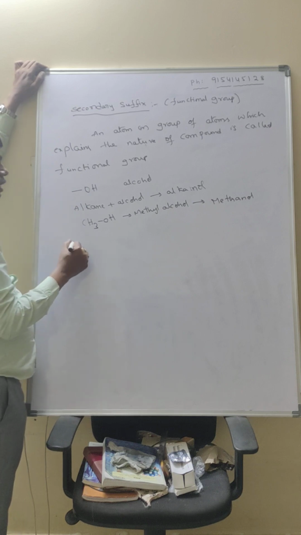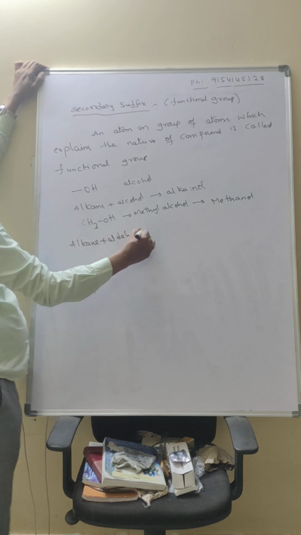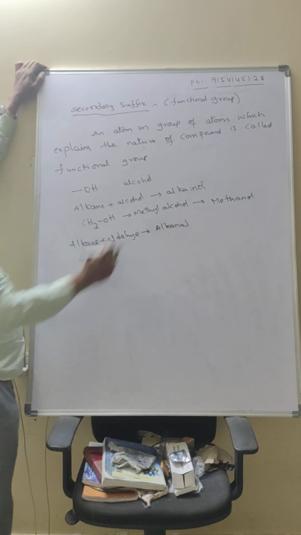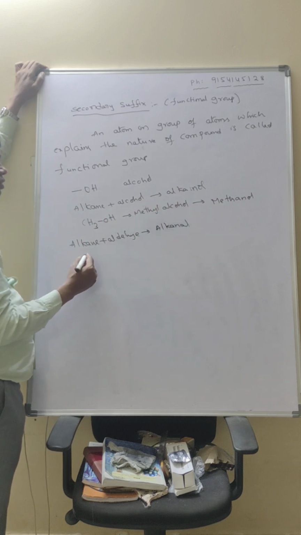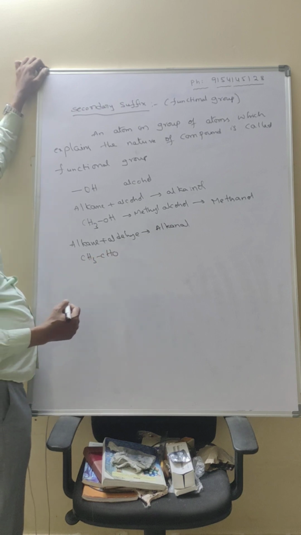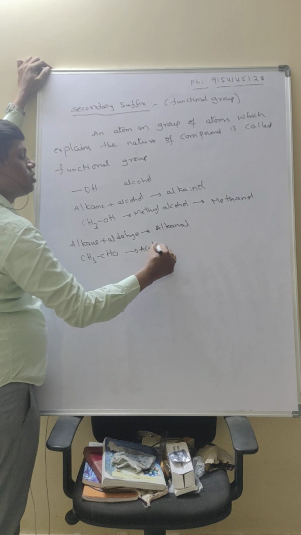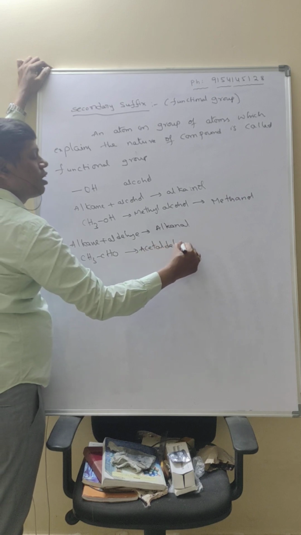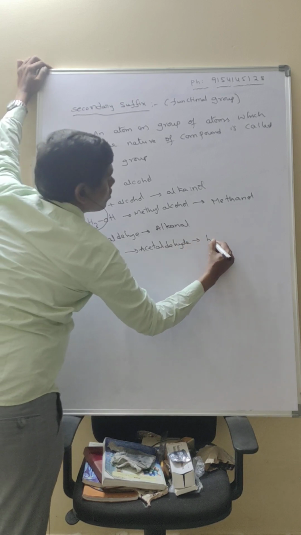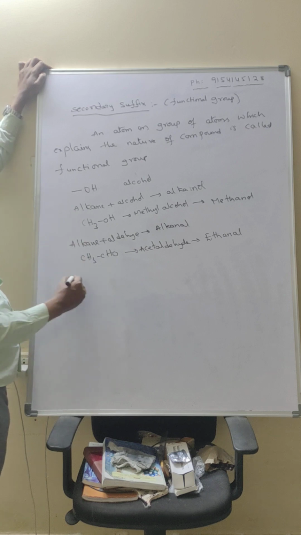Alkane plus aldehyde, alkanal. CH3CHO, acetaldehyde, which is called ethanal. These are the generic names.